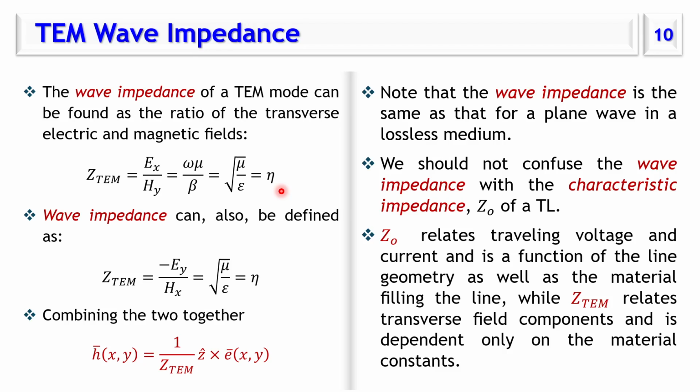So there is a difference. The wave impedance is electric field divided by magnetic field. Characteristic impedance is voltage divided by current.